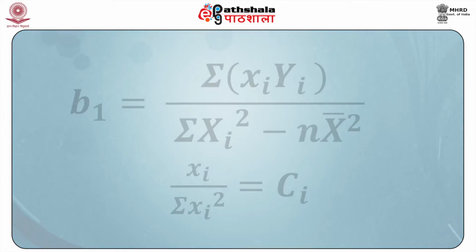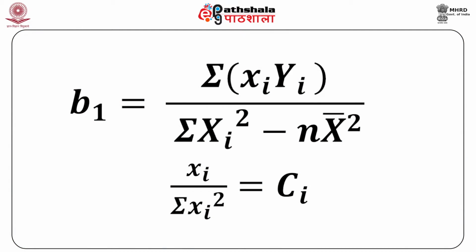Property number 1. They are a linear function of the dependent variable Yi. This can easily be gathered from the equation B1 is equal to summation xi capital Yi divided by summation capital Xi square minus n x bar square. xi divided by summation xi square is equal to Ci, so B1 is equal to C1 y1 plus C2 y2 till Cn yn.